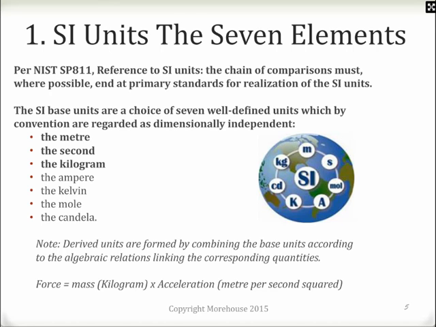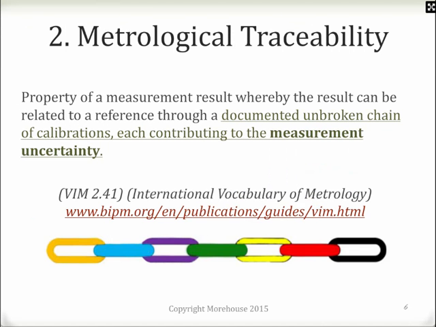It's important to note that derived units are formed by combining the base units according to the algebraic relations linking the corresponding quantities. Force, in particular, equals mass times acceleration and is derived from the meter, the second, and the kilogram.